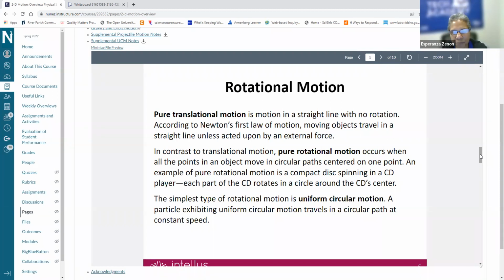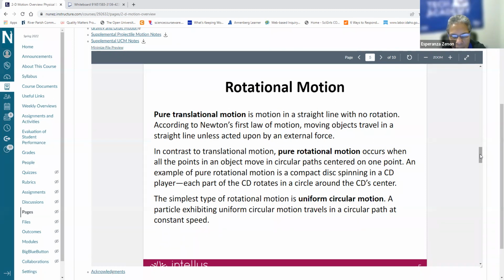So, rotational motion. Now we're not looking at an object that's moving in a straight line. We're looking at an object that's moving in a circle, but we're going to take the simplest type of circular motion.